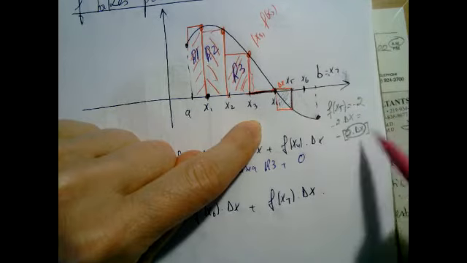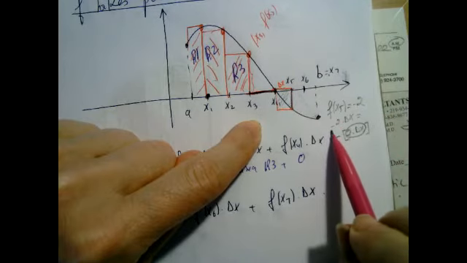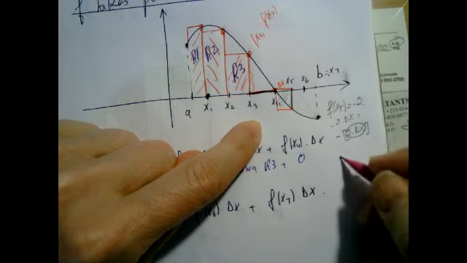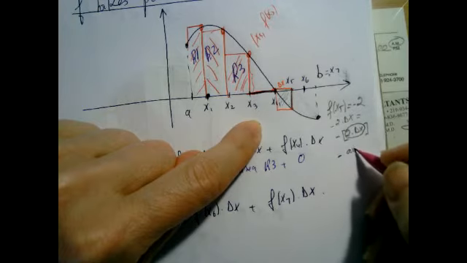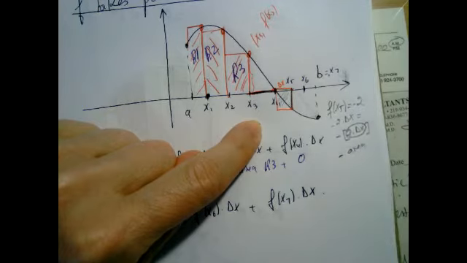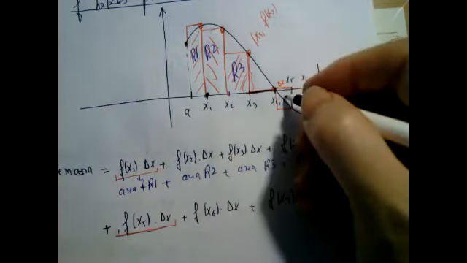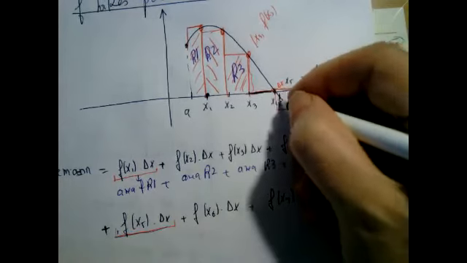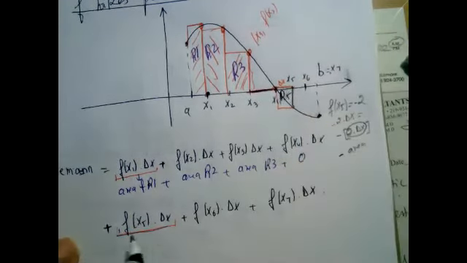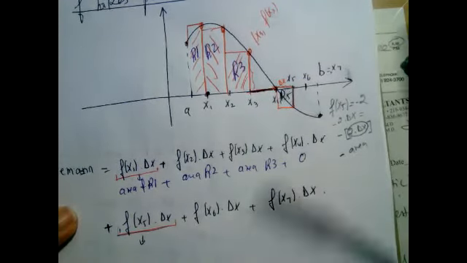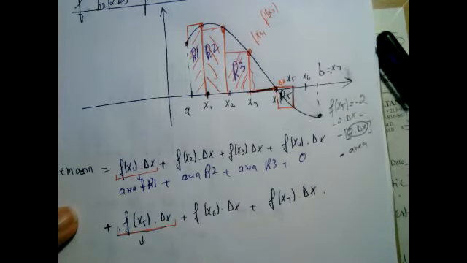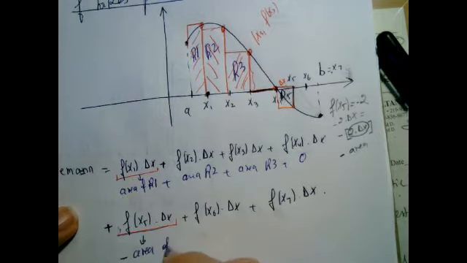So f of x5 times delta x is going to represent minus the area of this rectangle. Okay, so if I call this R5, this would be minus the area of R5, not plus, minus the area of R5.